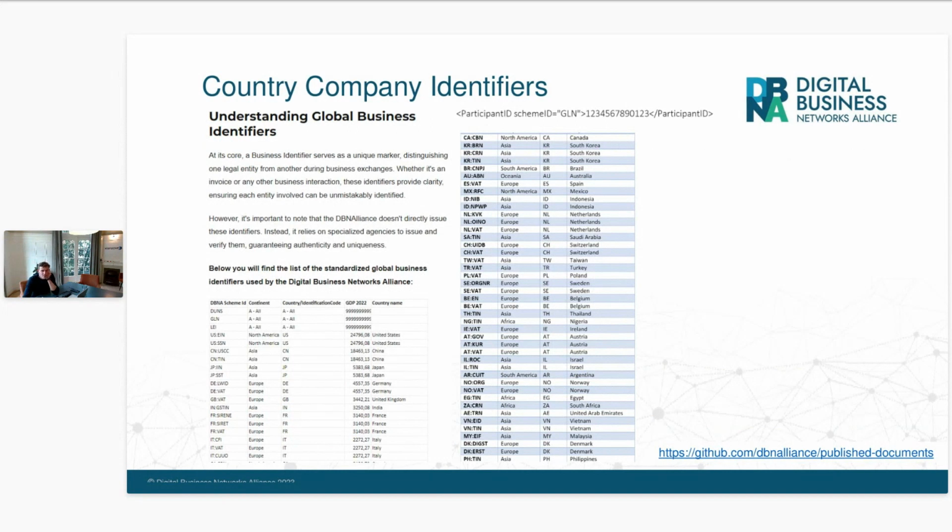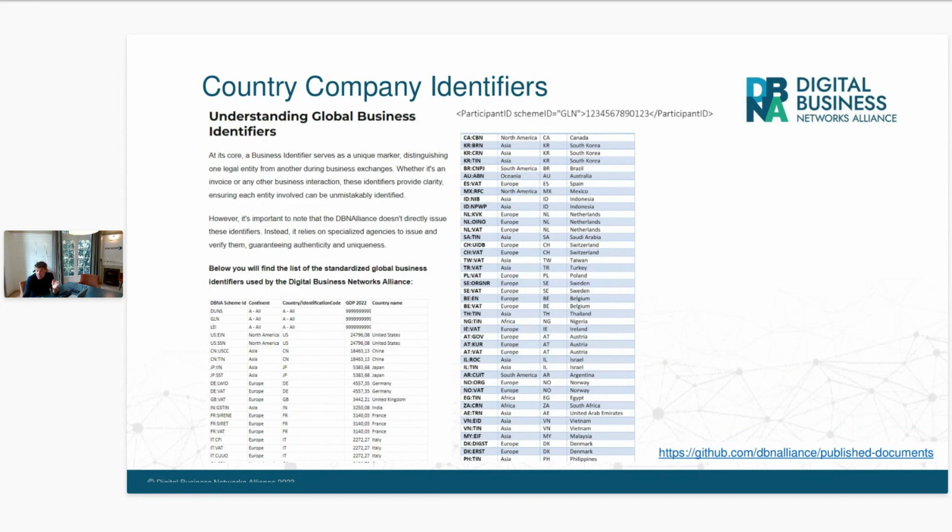Per country there's an identifier, many of them being VAT numbers, which are identifiers already used on the Peppol network, many of them being TIN numbers, tax identifier numbers, and some of them the standard locally used identifiers that countries normally use.